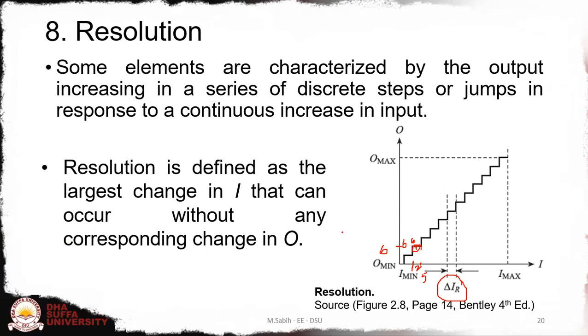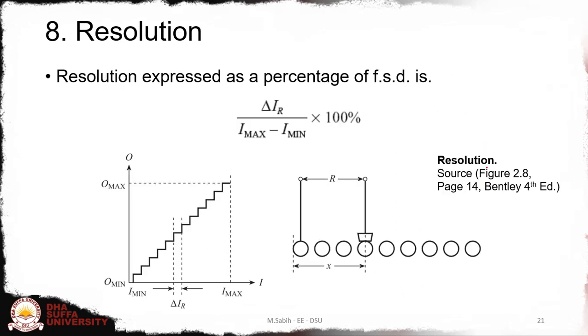If I draw this line here and here, ideally it should be a continuous line. If it is not, I get an idea that this is the maximum that it will vary.